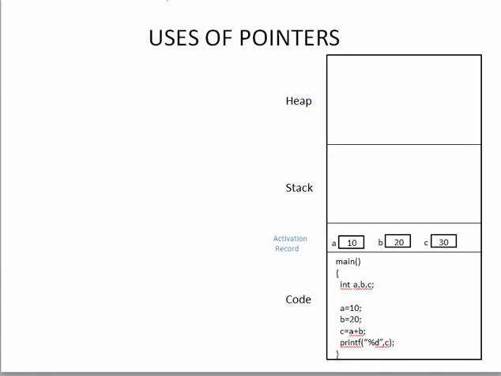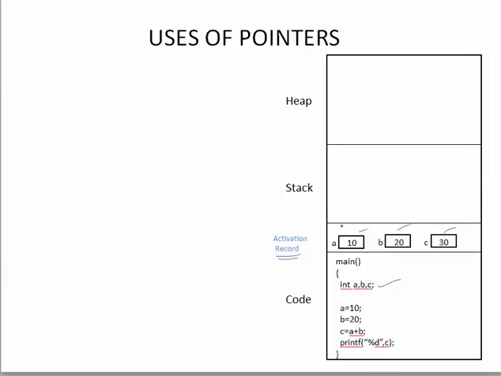The first line has the declaration of variables, so the memory for the variables of the program is allocated. The block of memory allocated for the program or a function is called an activation record. The important point here is that this memory in the stack is directly accessible by the program.